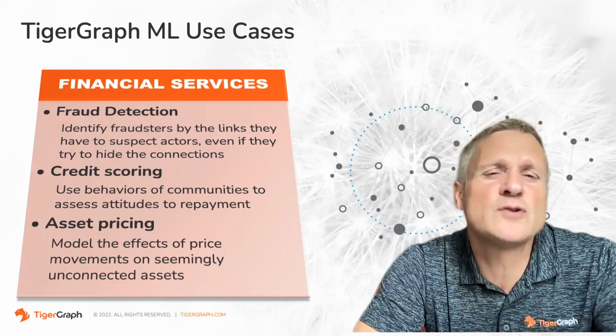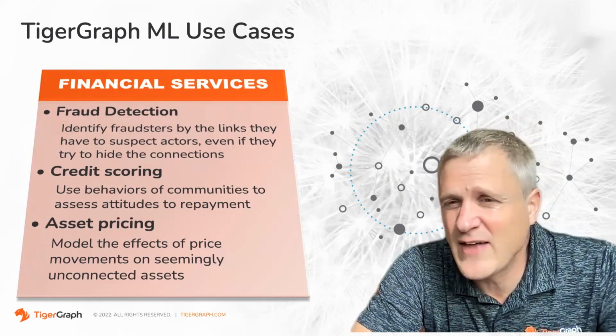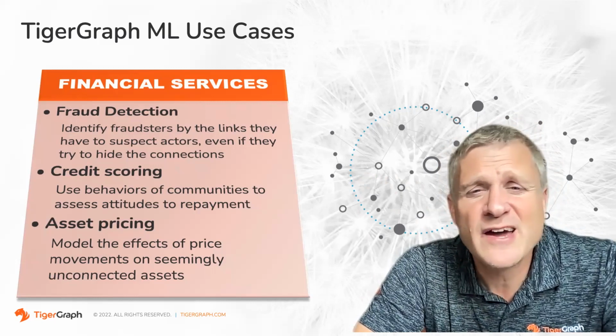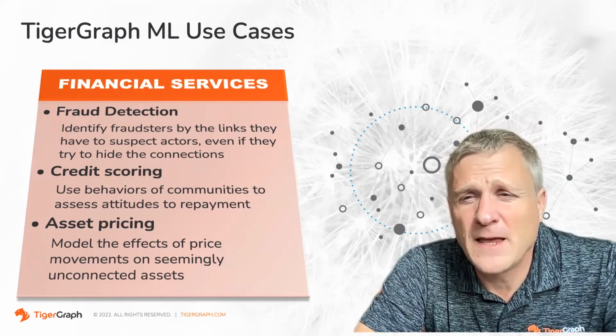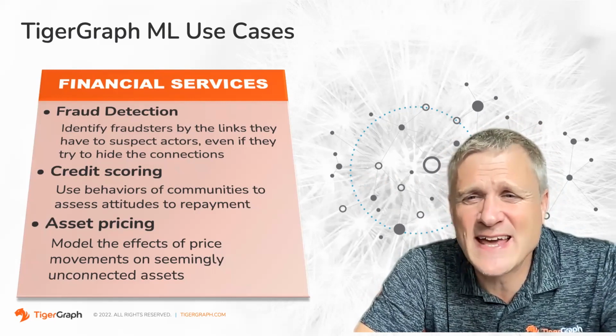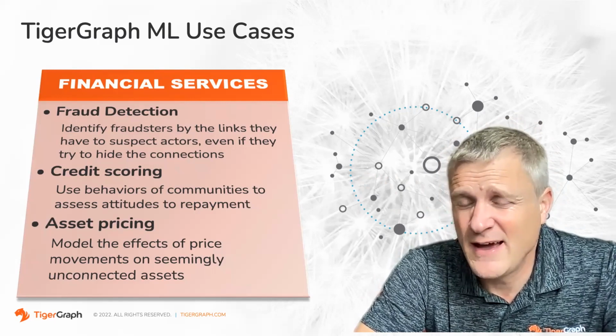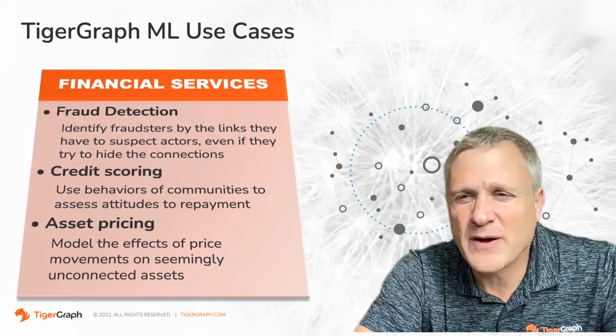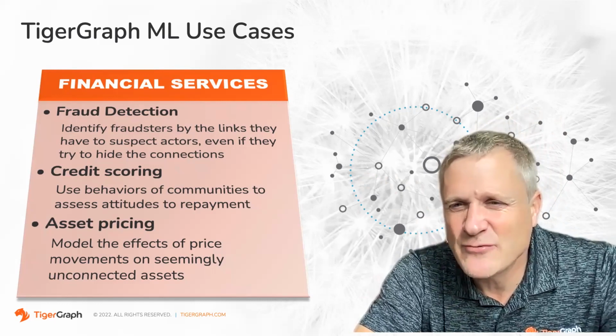Financial services fraud detection is a really, really big one, right? And that was the basis of the numbers I've just shown you, but we've seen it elsewhere. Credit scoring: it's not just what we know about an individual, but how they're connected into their communities, which may determine how likely they are to pay back a loan that you make to them, right? Asset pricing. All these assets are connected, right?